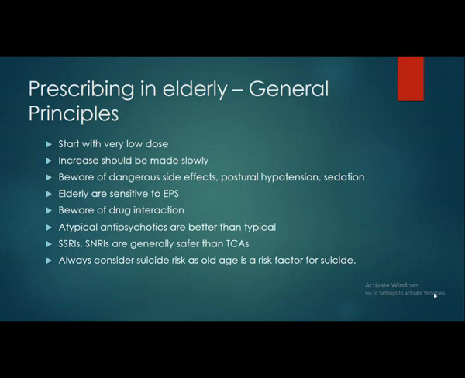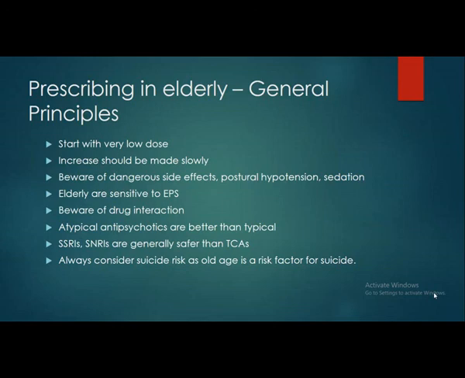As we said, persons of older age usually have medical comorbidities like hypertension, diabetes, and arthritis that are quite common, and they will be taking medicine for those. So if you are going to prescribe an antidepressant, you need to be careful for drug interactions.